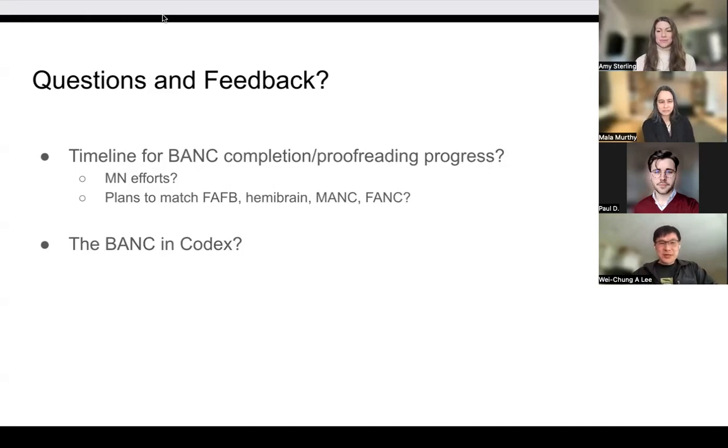So thank you. And then there was a final question about when the bank is going to enter CODEX, and that is definitely on the roadmap, but we don't have a specific date for that to happen yet. I think in part, the more annotations there are in the data, the more utility there will be in getting the data into CODEX as well.